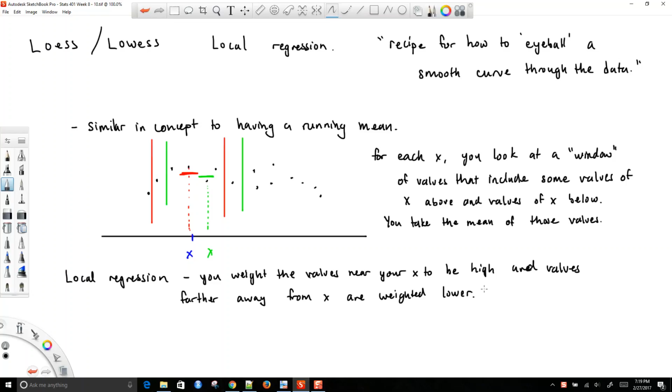Okay, and so you fit, and basically it results in these nice, smoothish curves.